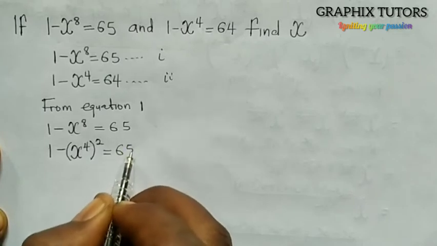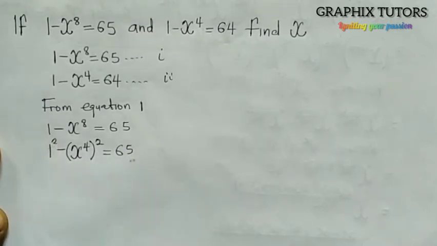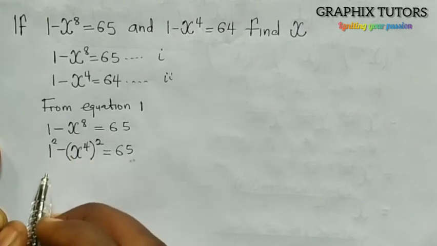Equals 65. Similarly, my 1 can also be written as 1 square. Now I'm having a difference of two squares.